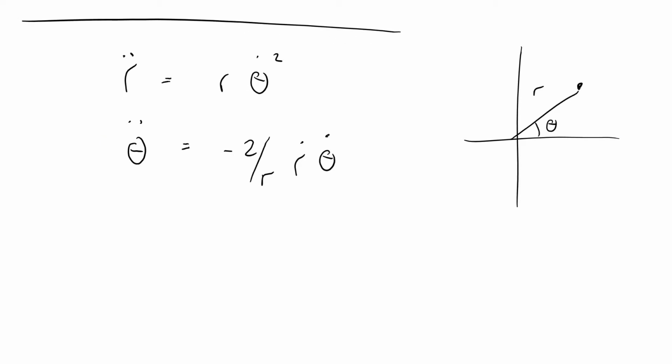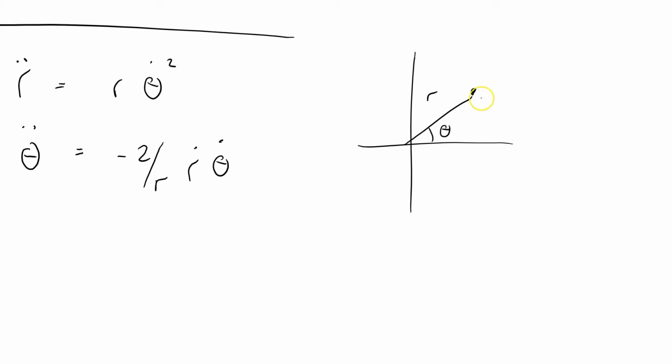Okay, so what does the straight line look like in these coordinates? Well, here's my point, and it's going along some path like that. What I'm going to do is find this point here, which is the point of closest approach, distance b.